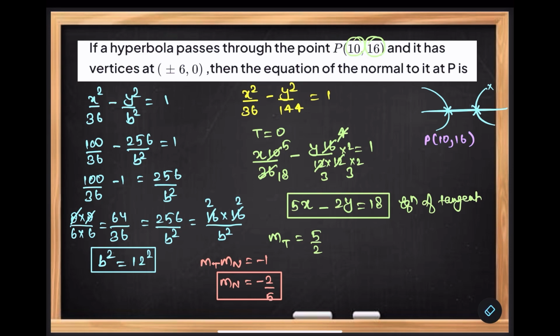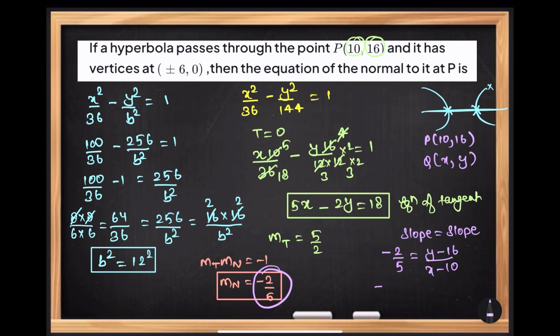So what we will do, we will write slope equals slope. What is the slope of the normal? Minus 2 by 5. Now can I take a point Q (x, y)? So it is (y minus y1) by (x minus x1). Done.